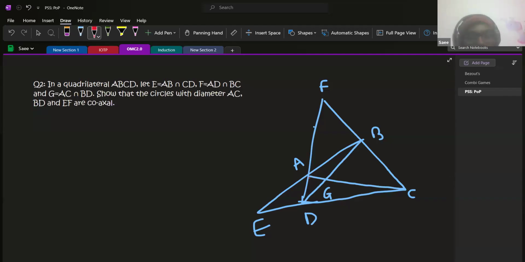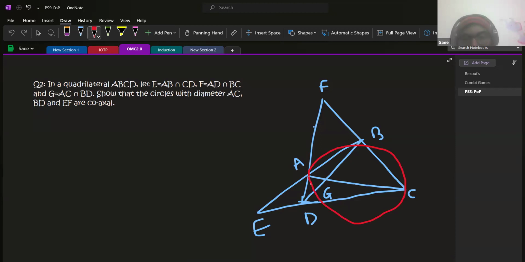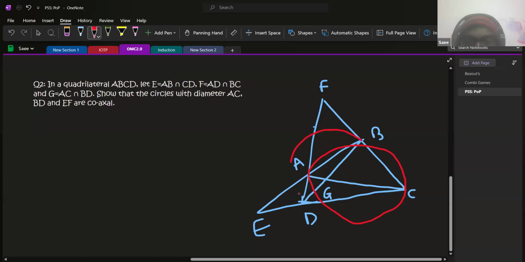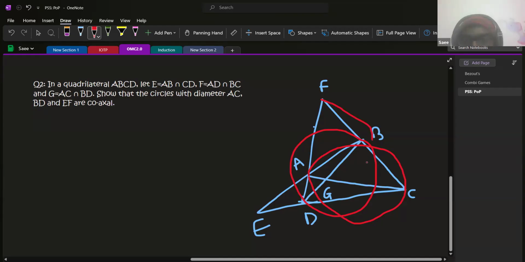So this also seems fairly weird, but it's a very cool result. And I'll elaborate more on why once we're done with the proof. So you want to show that the circle with diameter AC, the circle with diameter BD, and the circle with diameter EF are coaxial.